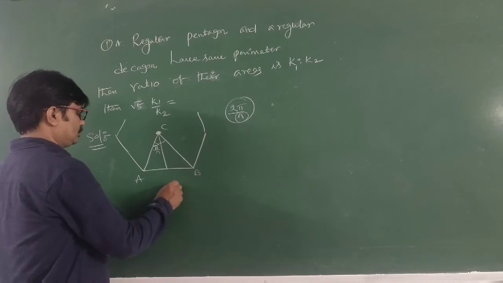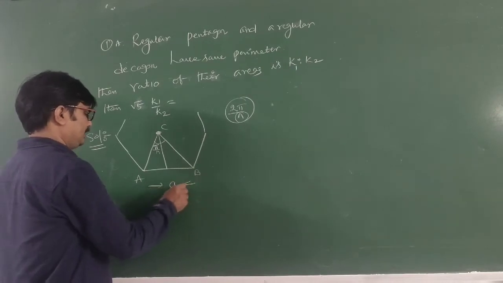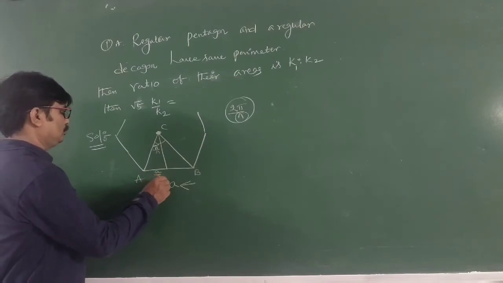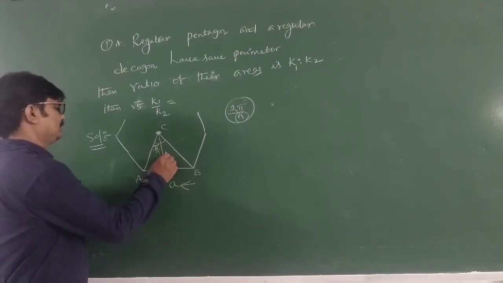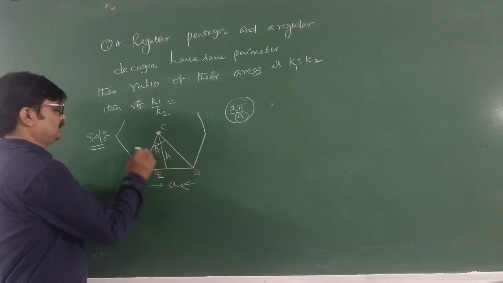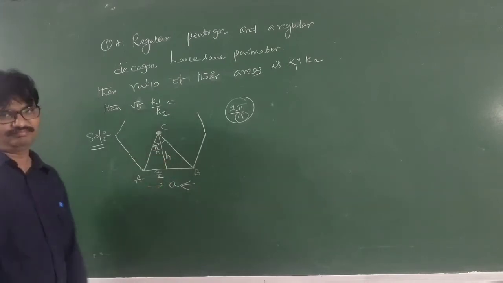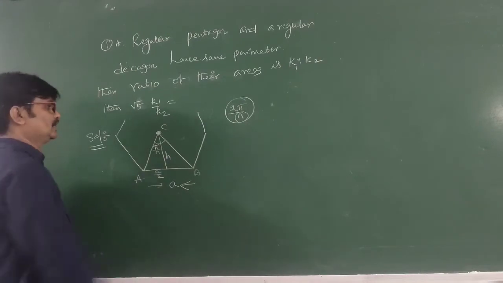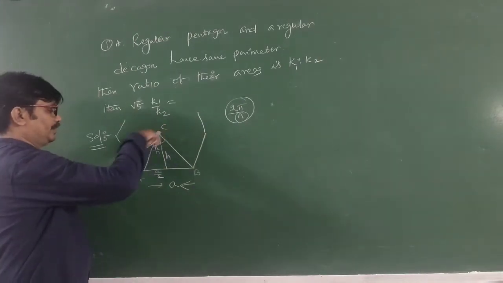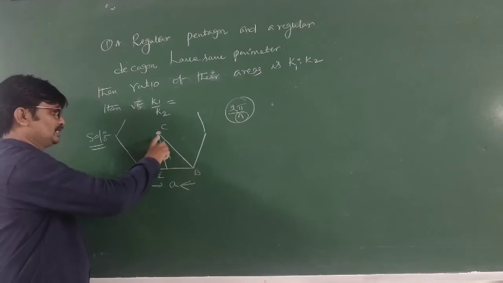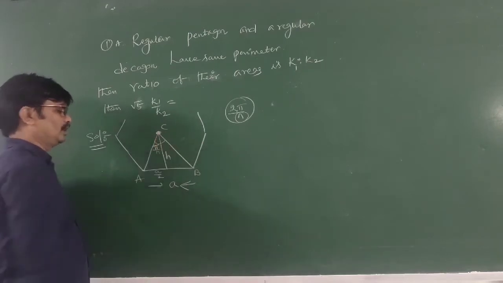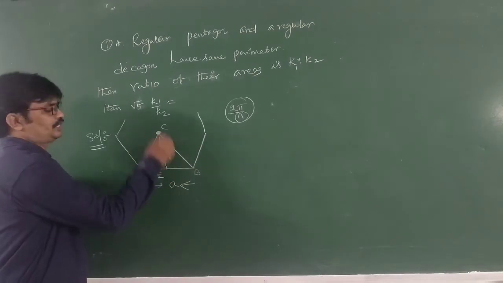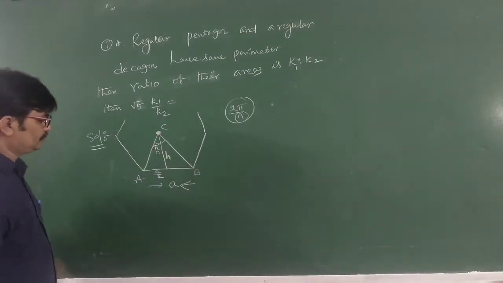Suppose we take the side as small a, then half of it is a by 2. Height, suppose we take h. In general, the circumscribed circle radius is bigger and the inscribed circle radius is smaller. Here CA is bigger and this is smaller, but we have to take the smaller, which is h.